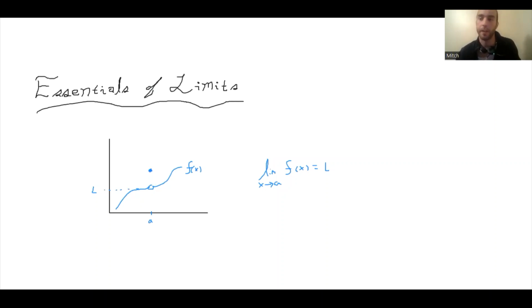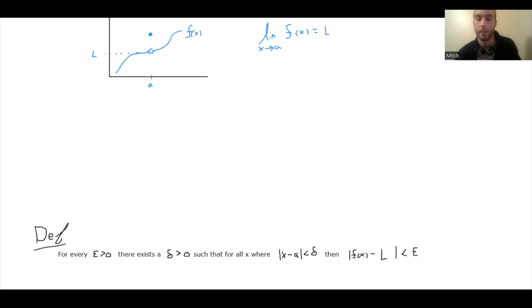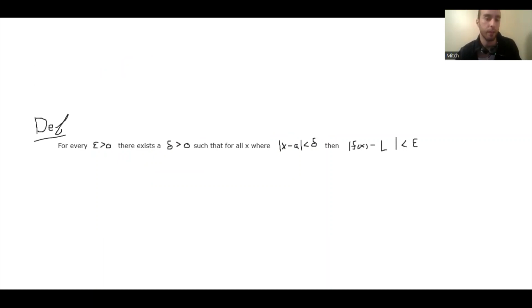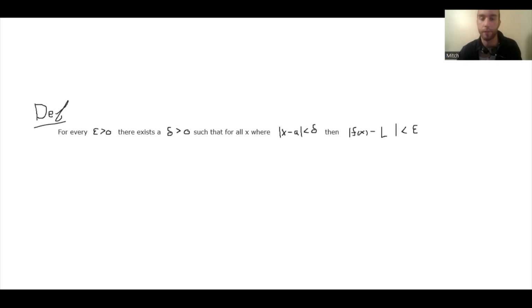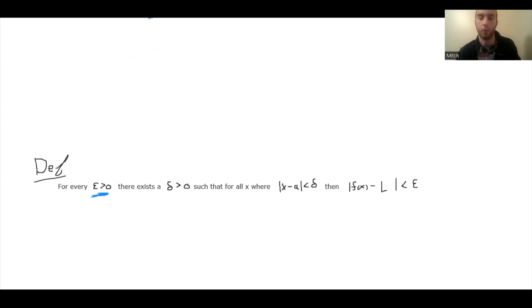And that's all that the epsilon delta definition is saying. So let's break this down for a second. For every epsilon greater than 0, so every small number, epsilon can be any number, you can get arbitrarily small, arbitrarily close to 0. And that goal is that we want the difference between this function f of x evaluated near that point.